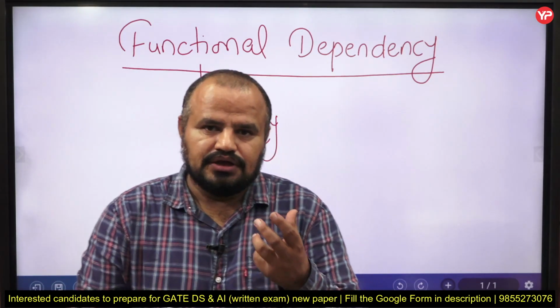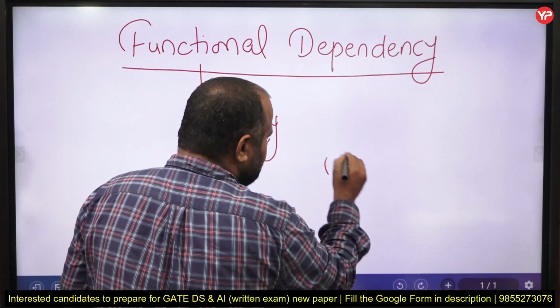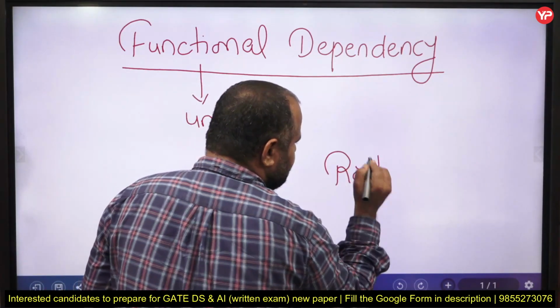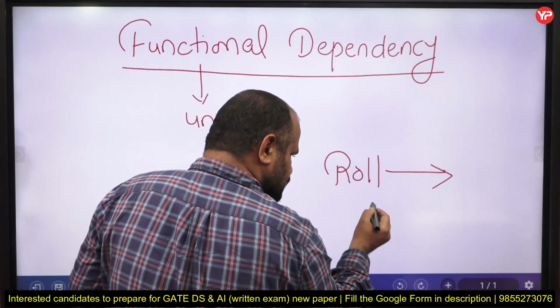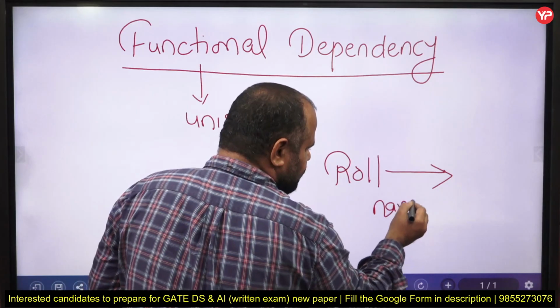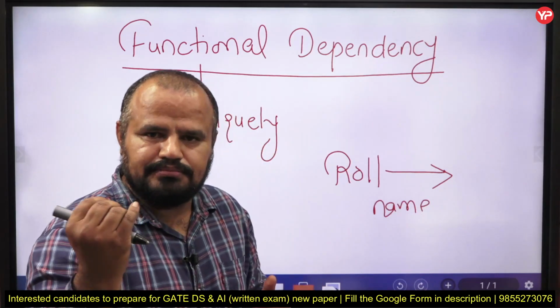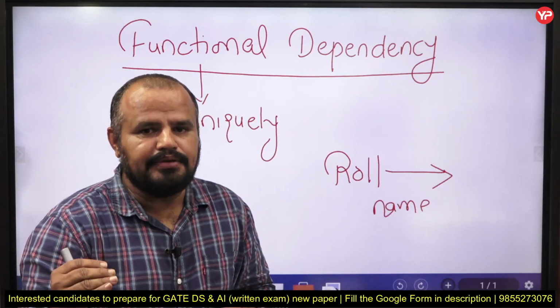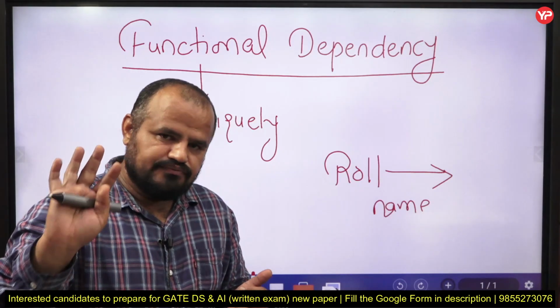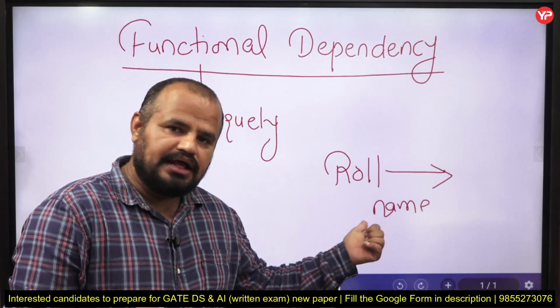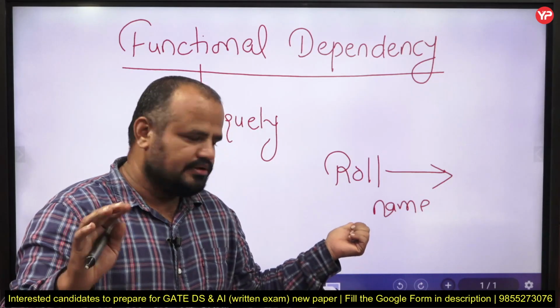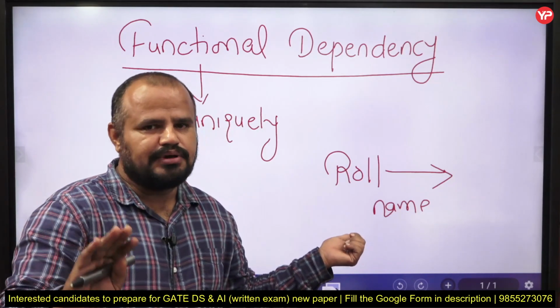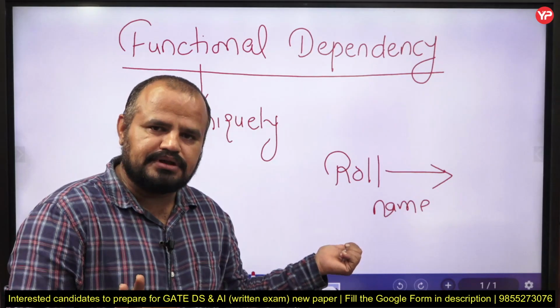So with the help of roll number I can uniquely determine the name of the student, because whenever I call a roll number, that student replies, and corresponding to that student I have all the information. I can ask what's your name, branch, grade, mobile number, Aadhaar number, license number, right?